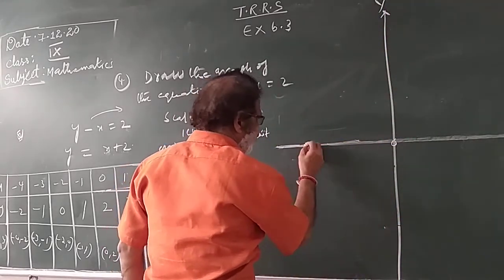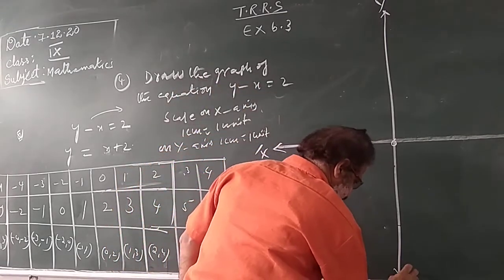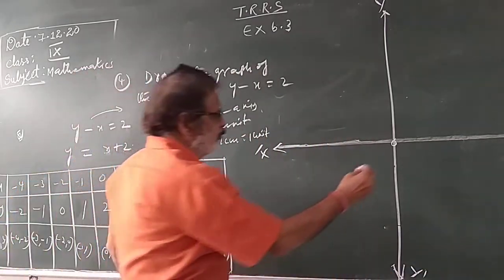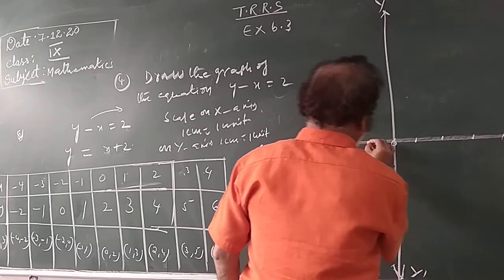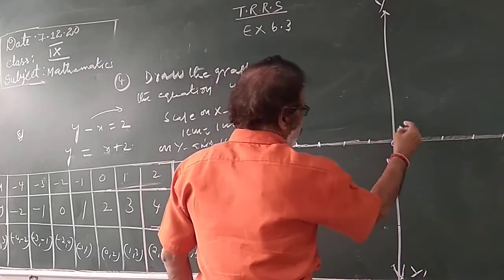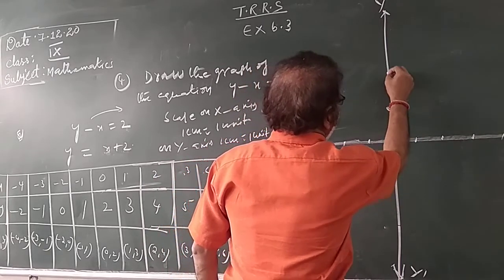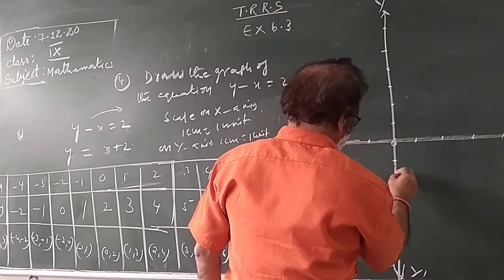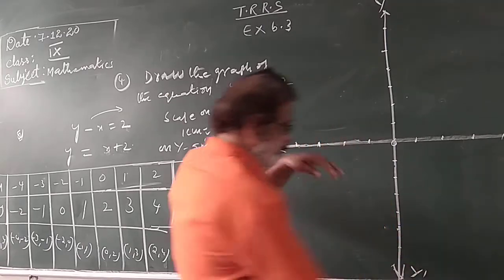On the x-axis, left of the origin is x dash, negatives. On the y-axis, below the origin is y dash. The x values you mark 1, 2, 3, 4, and the y values 1, 2, 3, 4, 5, 6, and so on.